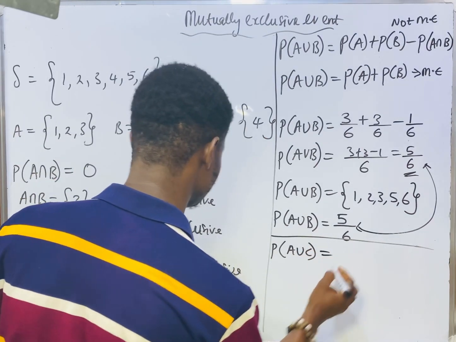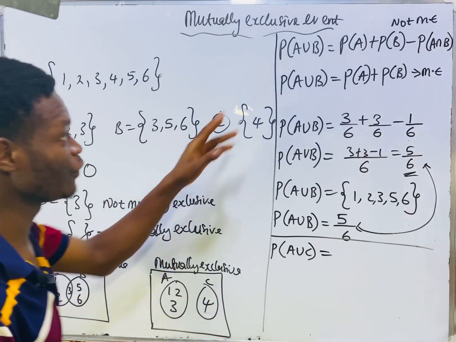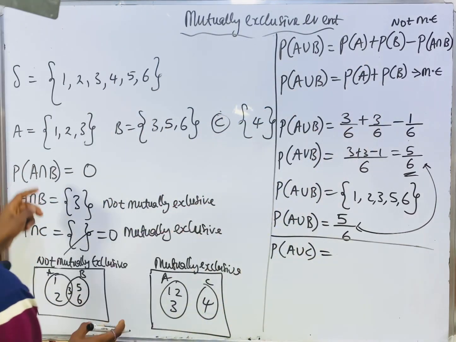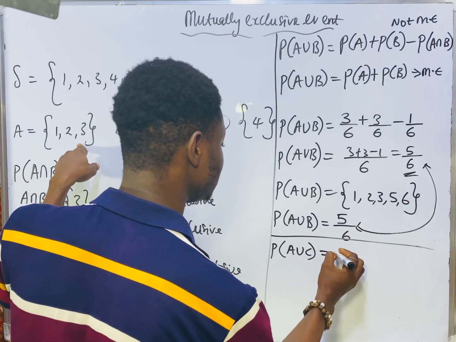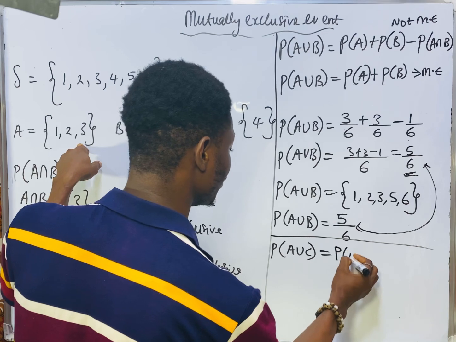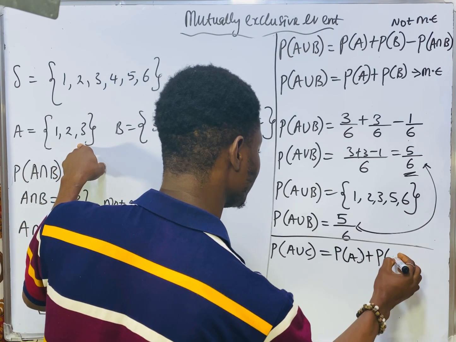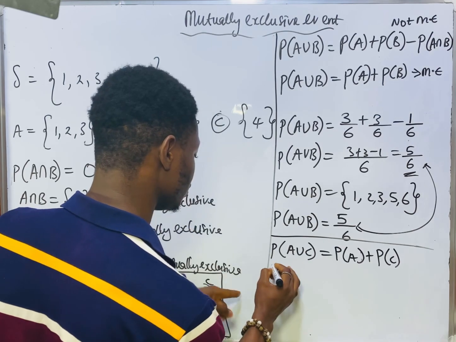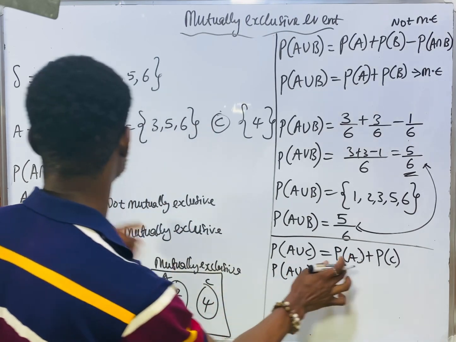So A union C is equal to, okay, let's do it the normal way first. A is 3, right? Remember the formula. It will now be P of A plus P of C.